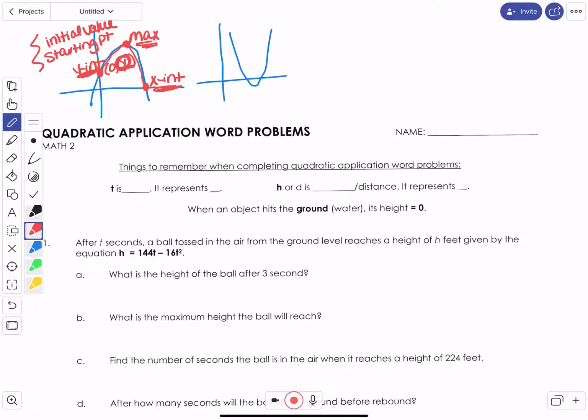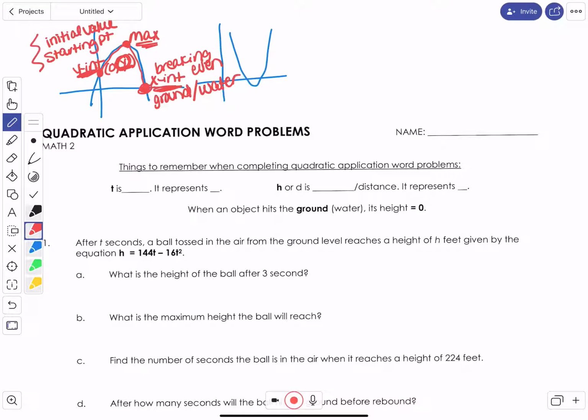If we're talking about money problems, you may hear breaking even. Okay, so breaking even, hitting the ground, or hitting the water, that's going to be this point right here. Okay, so let's get started.